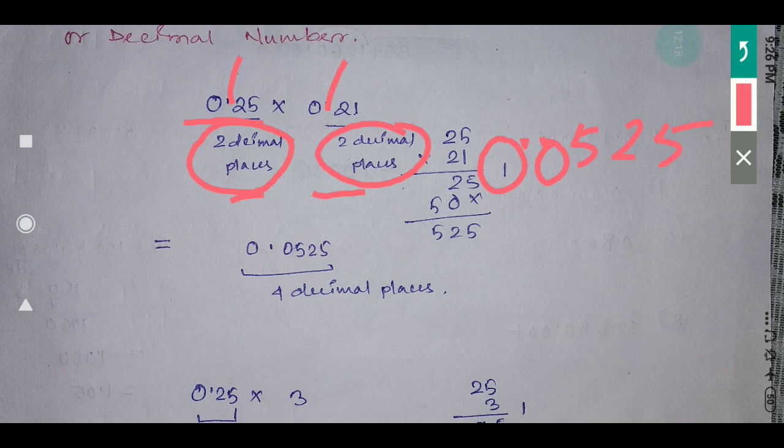So first you multiply 25 and 21, and after doing the multiplication you get 525. Now check the question. In the question it is given 2 decimal places and 2 decimal places, that means 2 plus 2 is 4, so the answer will be in 4 decimal places, like this.